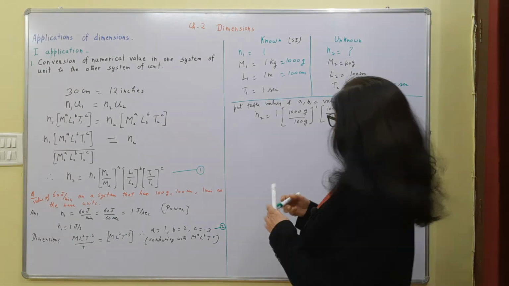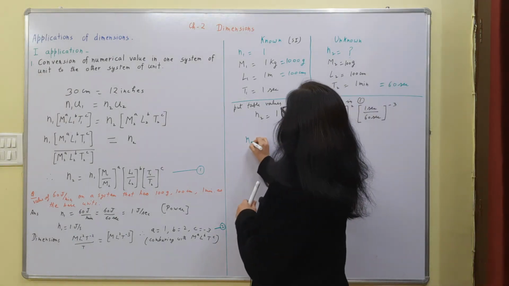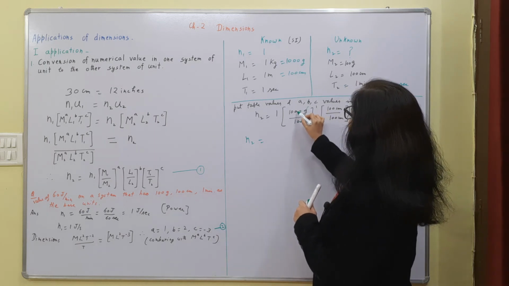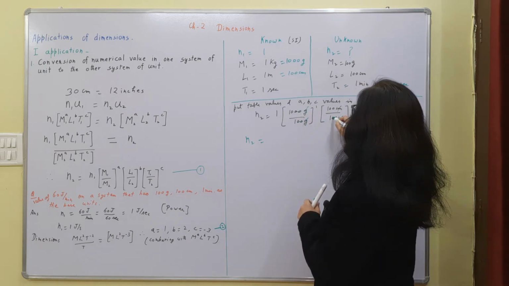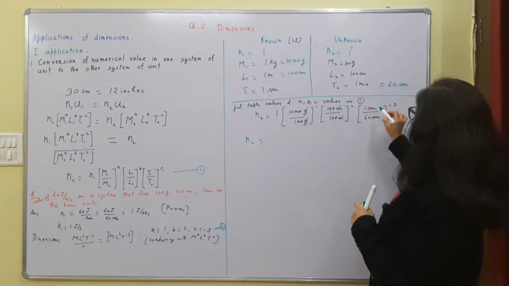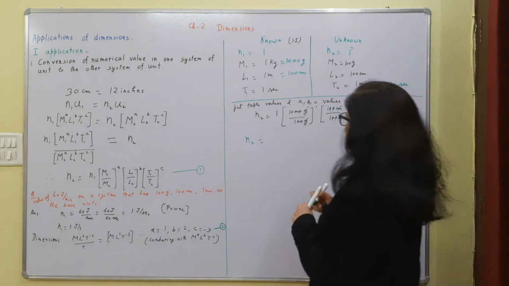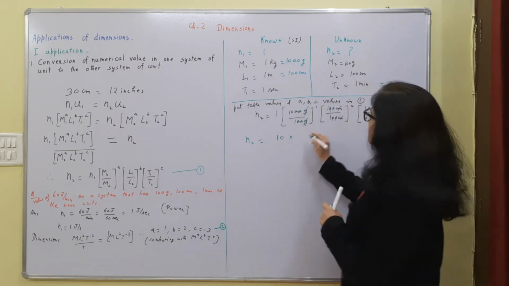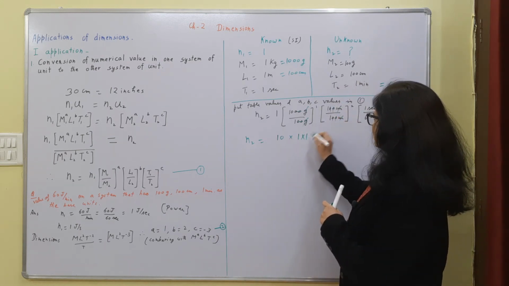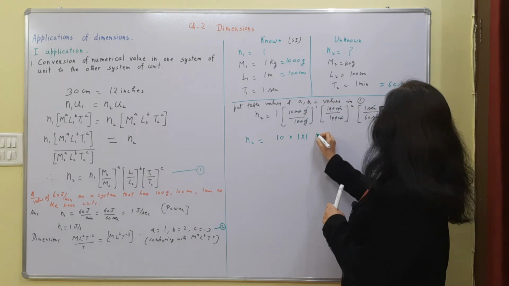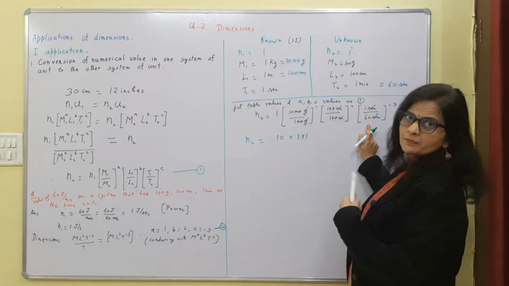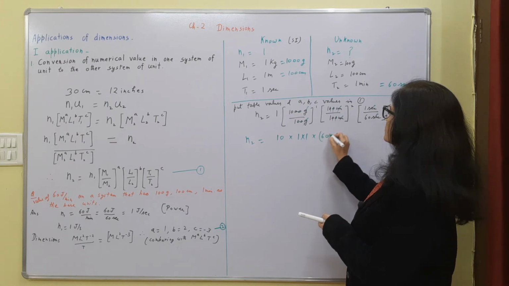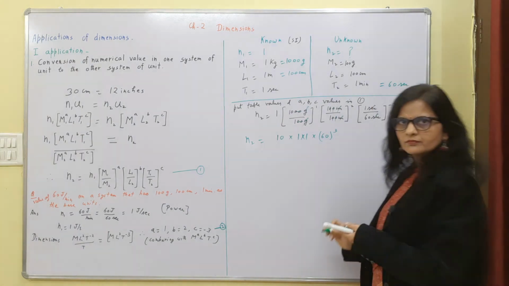So not difficult. And we can cancel this, and this. So what will we get? We will get 10 multiplied by 1 into 1 square. This is 1 upon 60 to the power minus 3. So this makes it 60 to the power 3, right?